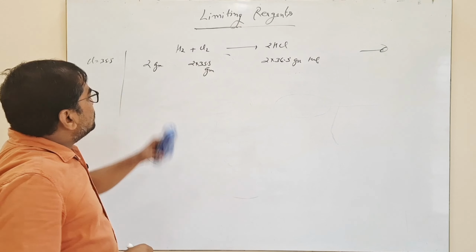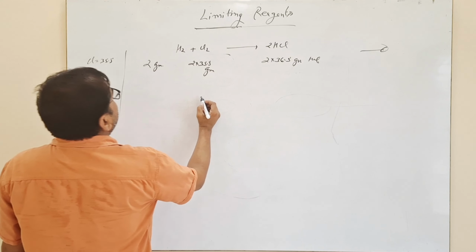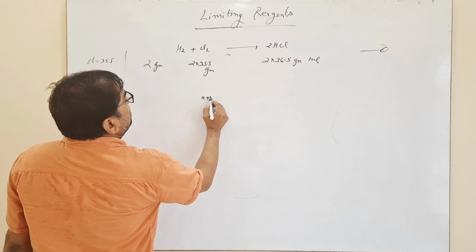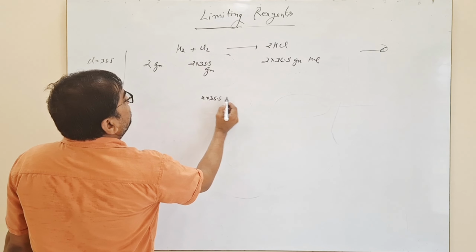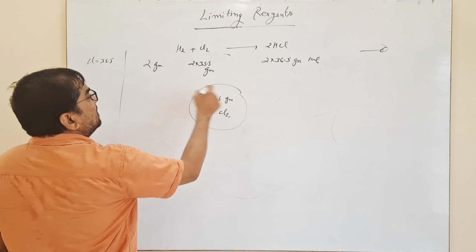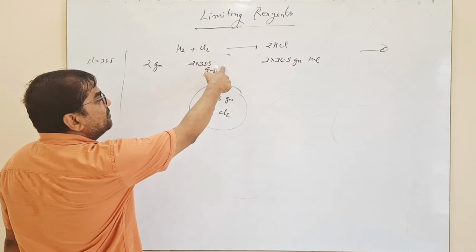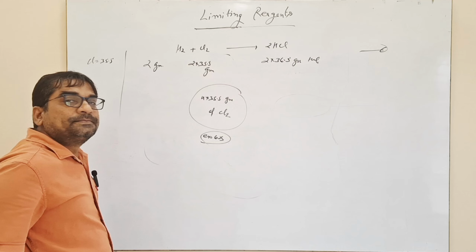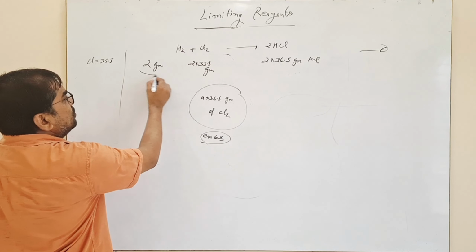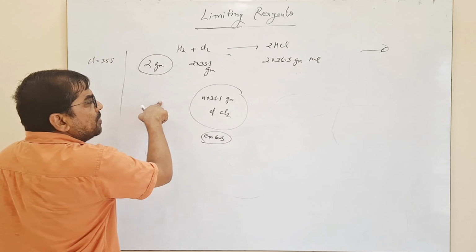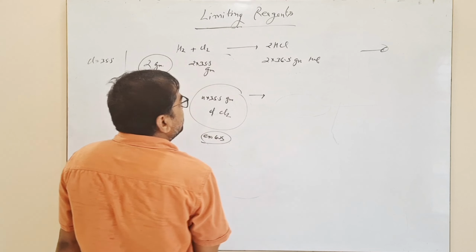So from the balanced equation, now we will use 4 into 35.5 gram of chlorine in place of 2 into 35.5. We will use chlorine in excess, and the 2 gram of hydrogen will be as such as in the balanced equation. So what will be the product formation?